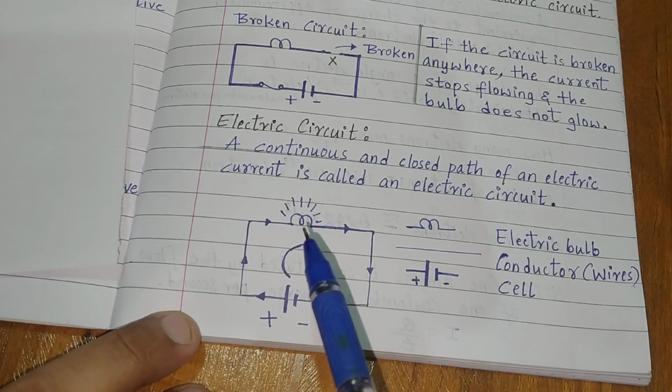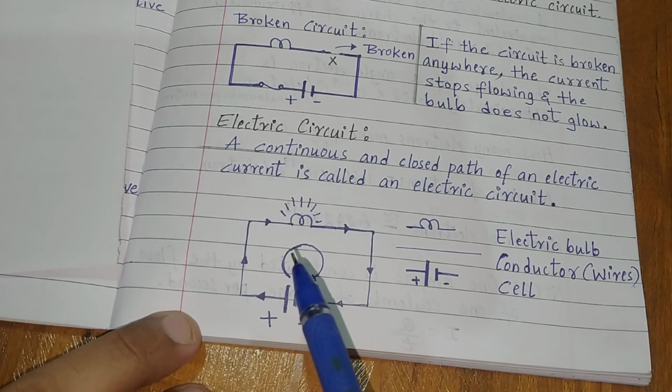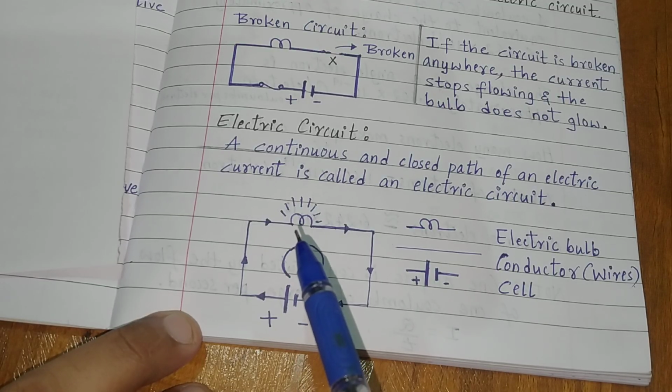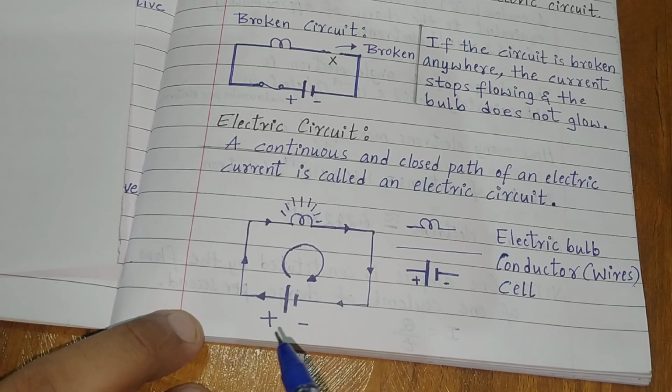Due to this, an electric bulb or an electric lamp is glowing. See here, plus minus, you can consider it as a cell or a combination of cells in terms of battery supply, or in terms of potential difference, an electric pressure, in terms of voltage, volts.